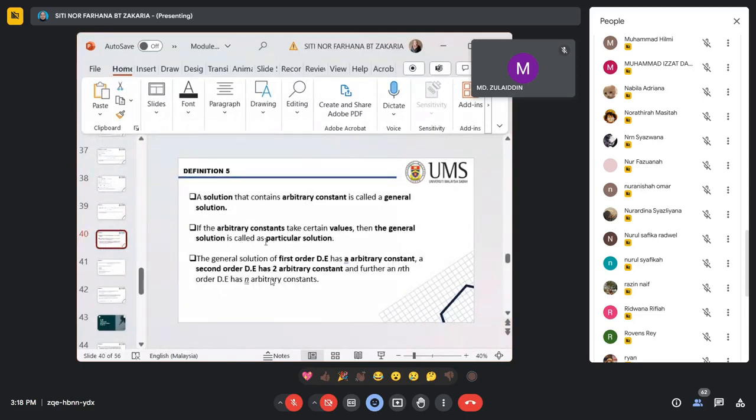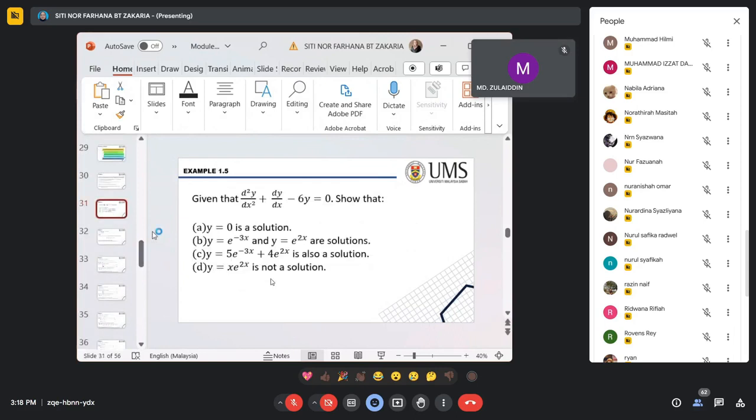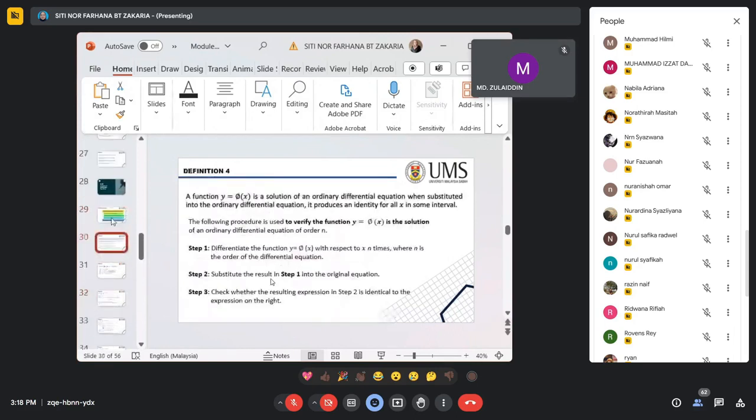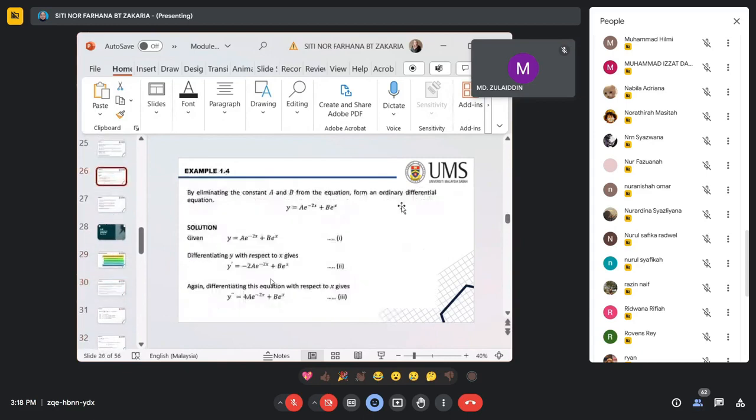What is particular solution? Particular solution is a solution that have value, not only alphabet. If you have A and B, you have their value, and then you put their value into the solution, then we call this solution as particular solution.